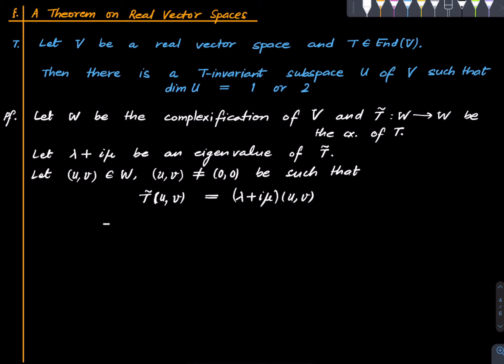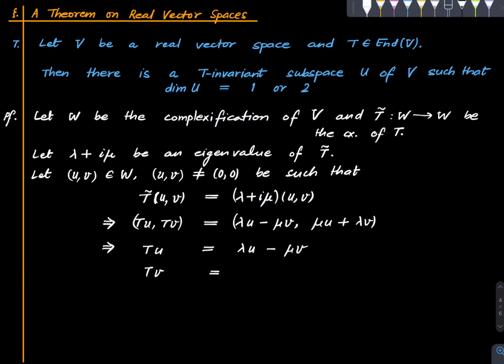So this implies, by definition of T tilde, (Tu, Tv) is equal to (lambda u minus mu v, mu u plus lambda v), which implies Tu is equal to lambda u minus mu v, and Tv is equal to mu u plus lambda v.